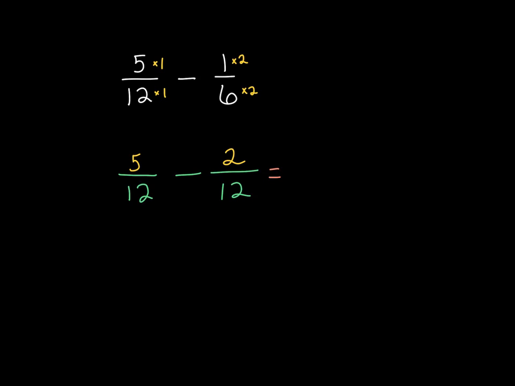Now that we have a common denominator, we're ready to subtract. So 5 minus 2 is 3. Again, keep that common denominator. And 3 over 12 has a common factor of 3. So 3 divided by 3 is 1. 12 divided by 3 is 4. Always reduce if you can.